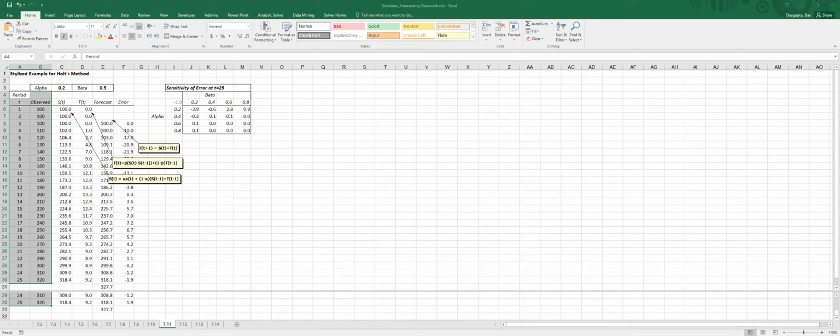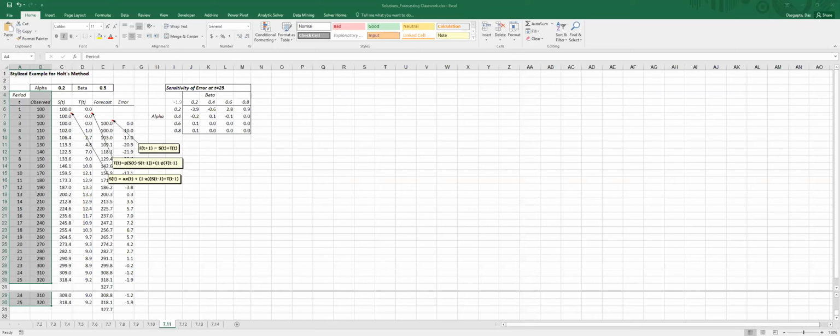Bonnie, you're asking, how can we determine alpha and beta for the business or the company? Just like you saw in the spreadsheet, let me go back to the spreadsheet if I'm not sharing it yet. Solutions, yeah, that's what I'm sharing, I guess.